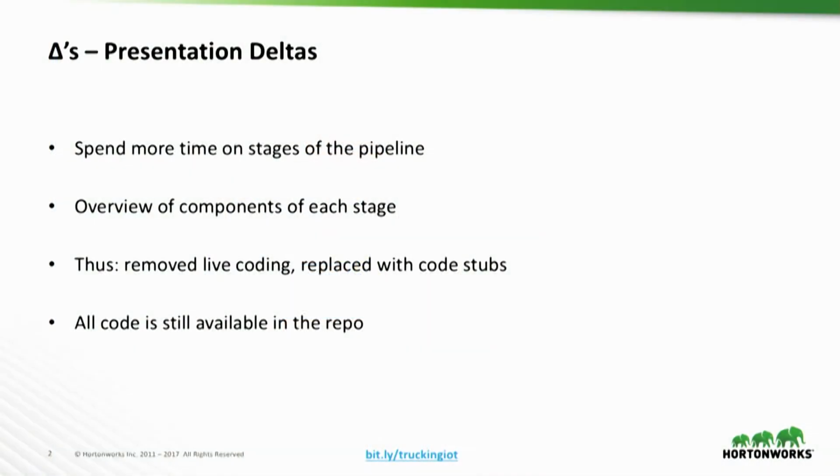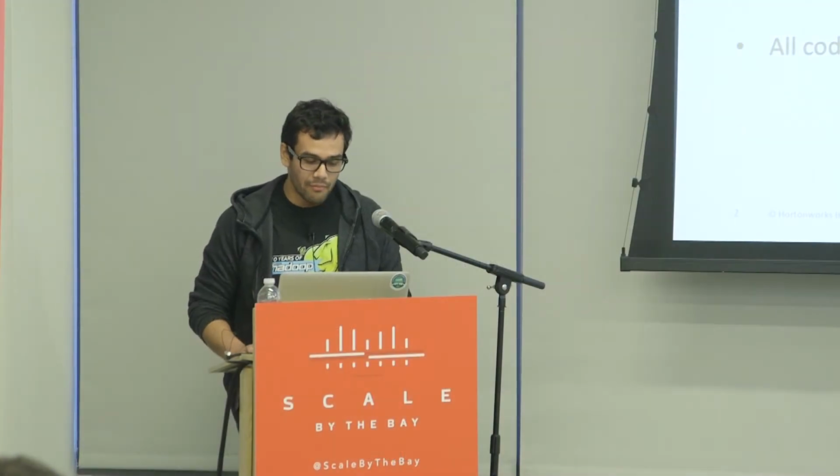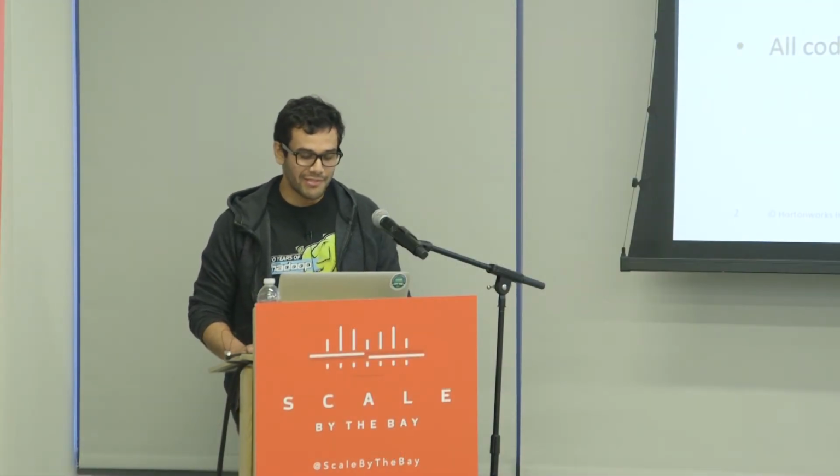This morning I spoke to a few people, and it seemed like I needed to make a few changes to the presentation. It seemed like people wanted to spend more time learning about the different stages of a big data pipeline, rather than going over code for any one specific service. So I made some changes to the slides, and I'll try to go through everything without too many pauses, because they're fairly recent changes.